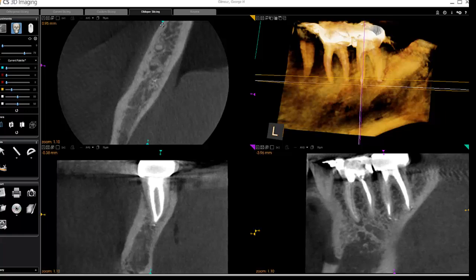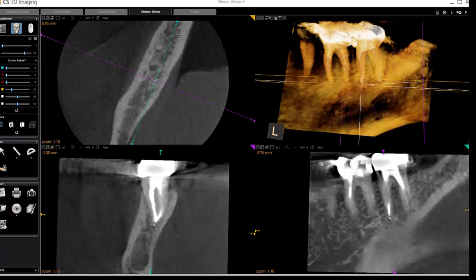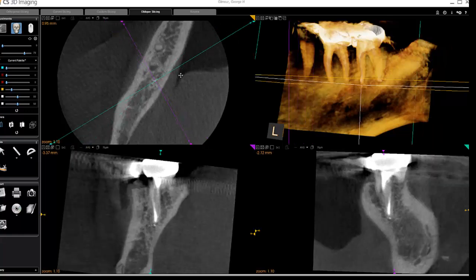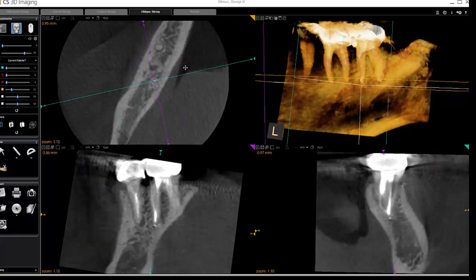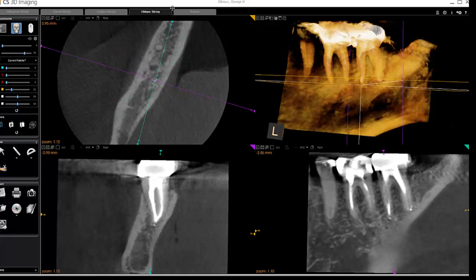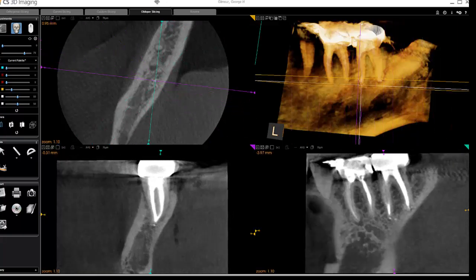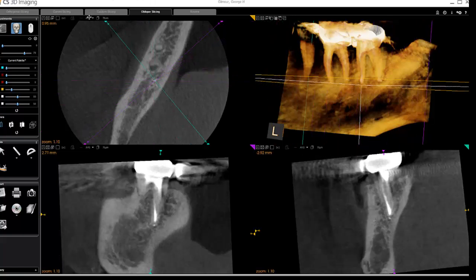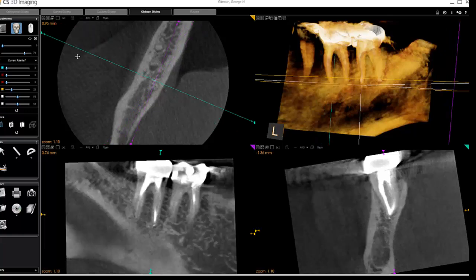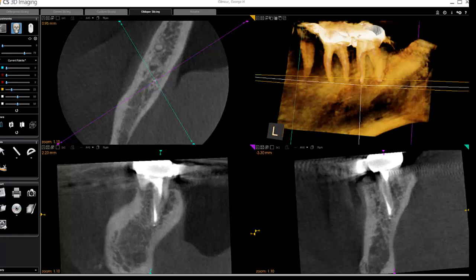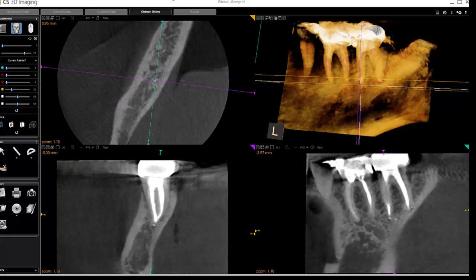The next thing I like to do is rotate around the axis of that root. I look for any lateral lesions or any problems, and it gives you a rotational view of the root, which is very helpful in examining the bone levels on recall. Again, things look fairly normal as you spin around the planes on the axis of that mesial root.